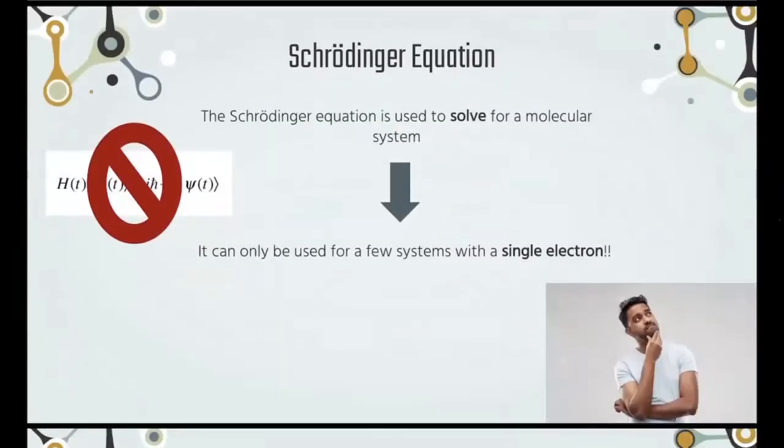However, the Schrodinger equation is used to solve for a molecular system, but it can only be used with a single electron, right? Because as we saw previously in Prakash's equation, he explained well that it becomes really large when you have many electrons. It cannot be calculated by hand, and even when you try calculating it with a computer, it takes a lot of computational energy.